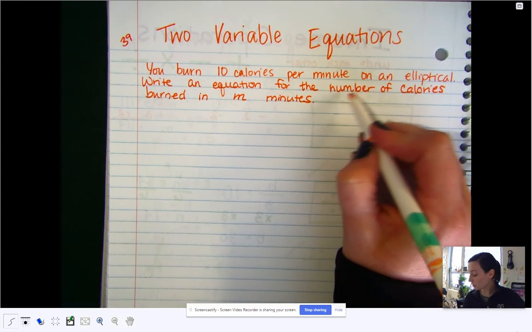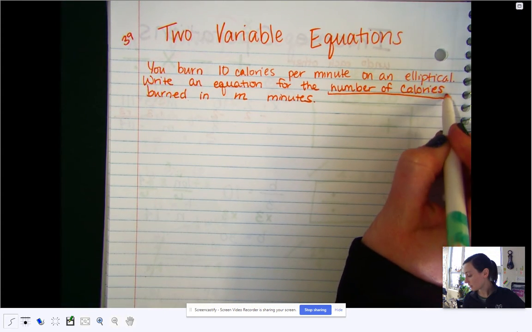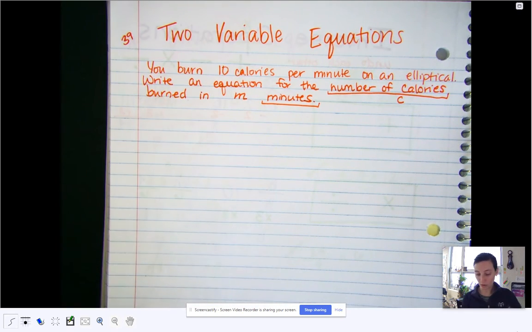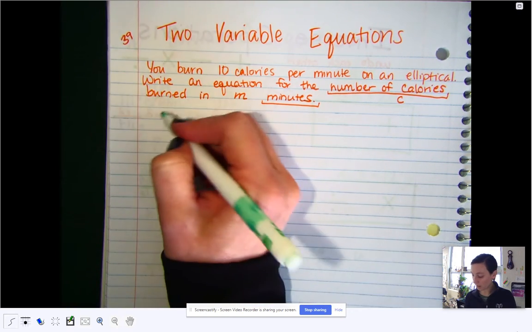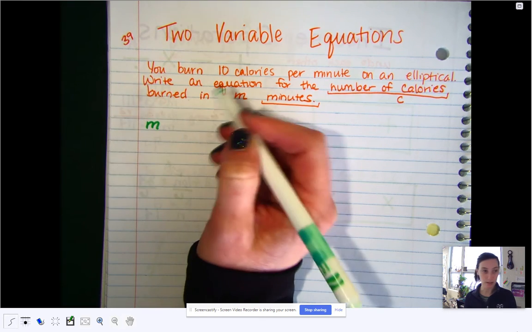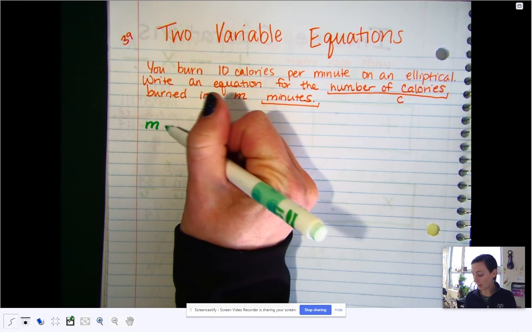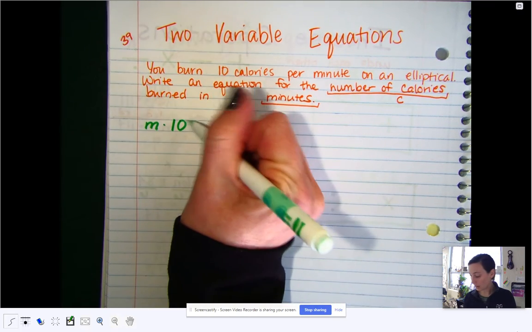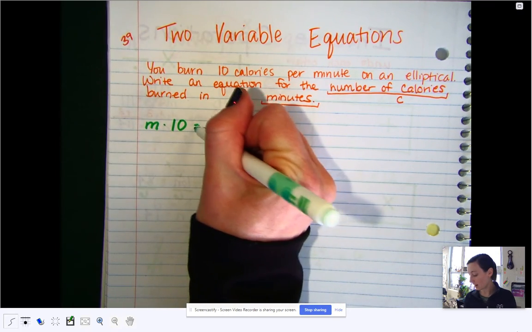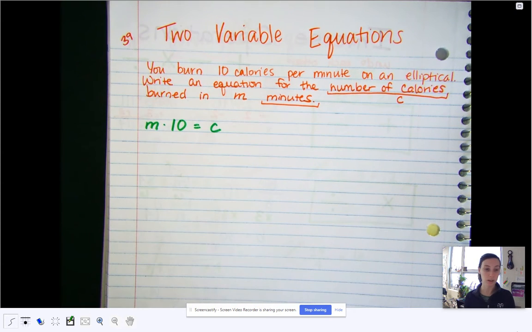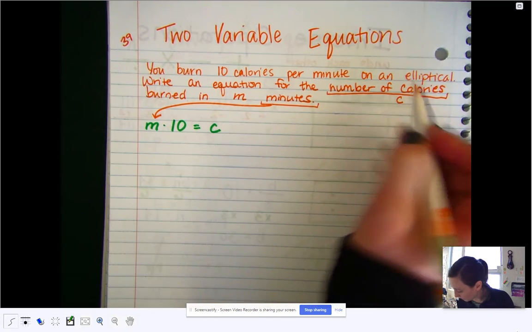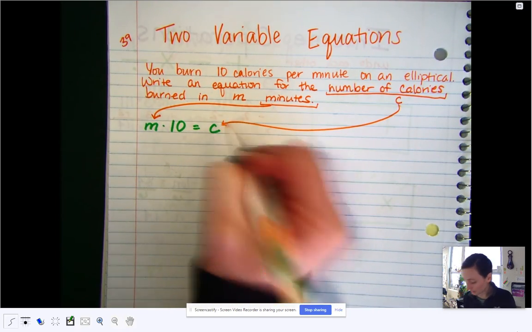We have the total number of calories and we have the number of minutes. So for every minute I'm on the elliptical, if I am burning 10 calories each minute, I do minutes times 10, and that will give me the total number of calories for C. So my minutes is M, and my number of calories is C.